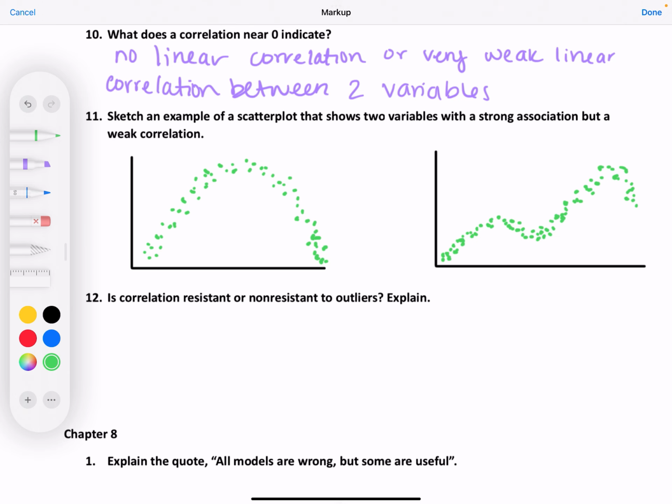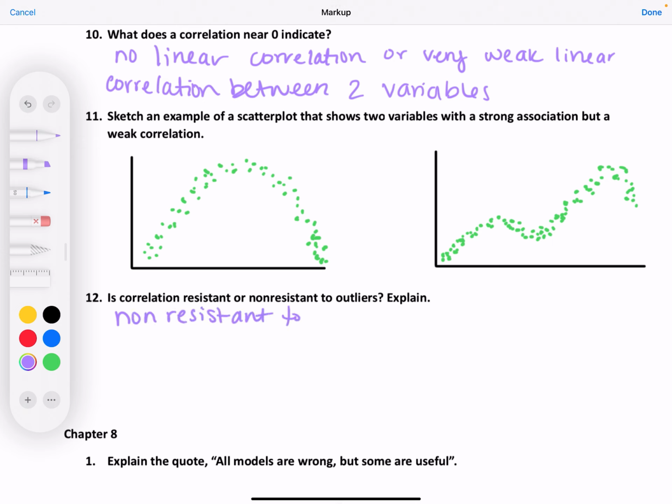Is correlation resistant or non-resistant to outliers? And explain. Correlation does not equal causation. Yes, I am going to write that. But first, it's non-resistant to outliers.